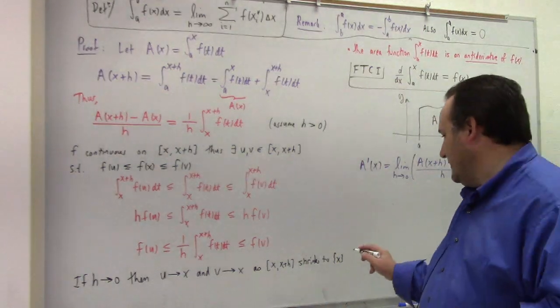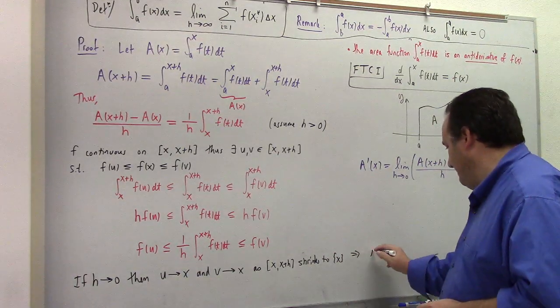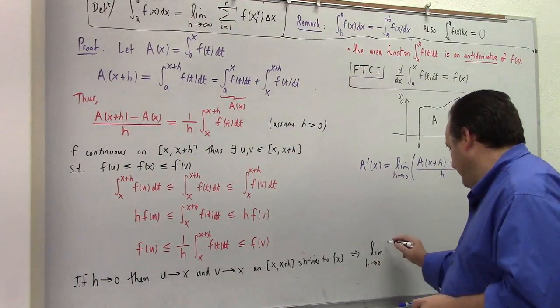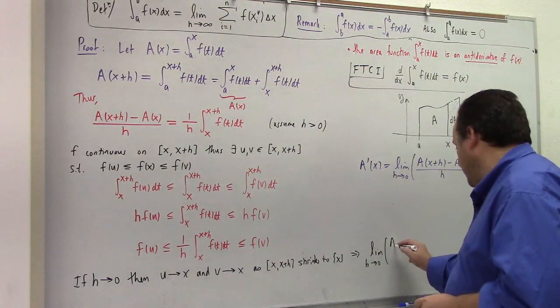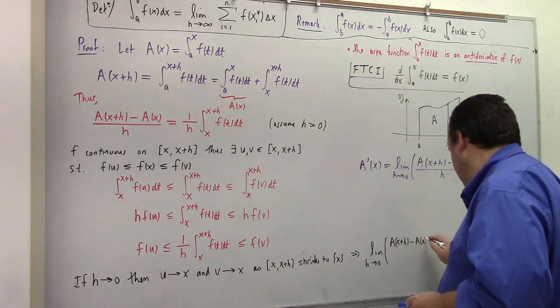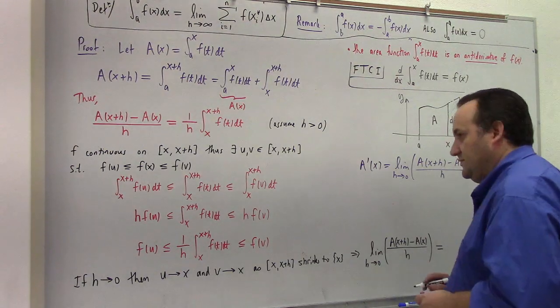So what does that tell us? That tells us that the limit as h goes to 0 of A of x plus h minus A of x, divided by h, is equal to what?